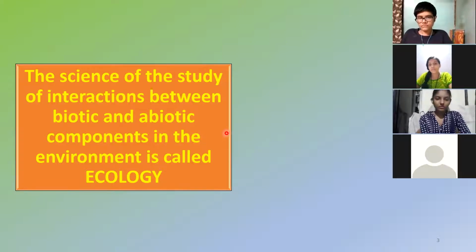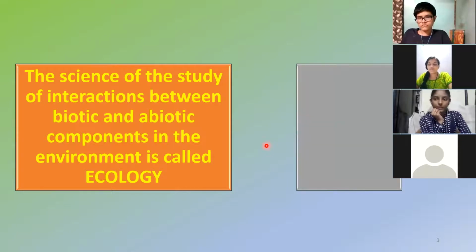As you have seen in this one example in the picture, there can be different types of environments everywhere. It is not a forest in every place. Correct? So ecology is a totally different subject and a very important subject.